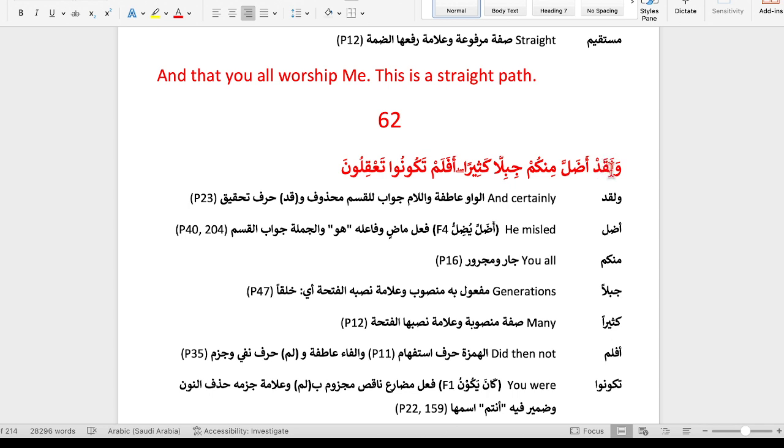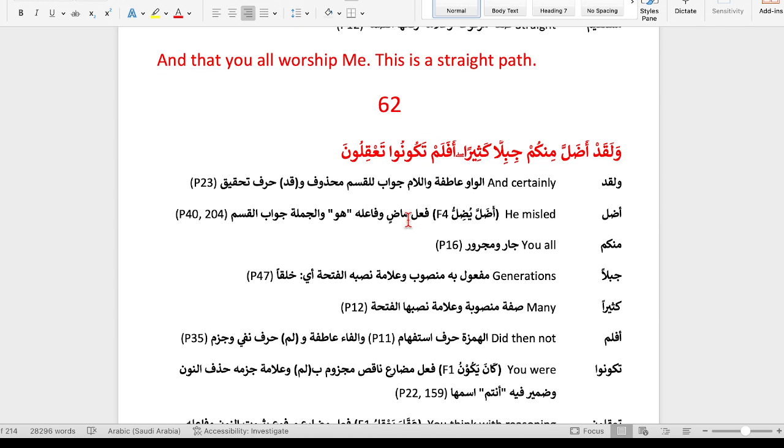So lakad is the jawabul qasam, which means the jawabul qasam has some emphasis, so that is why lakad was used. And so lamu jawabu lil qasam mahzoof, and waqad is harfu taki, so that means surely, certainly.